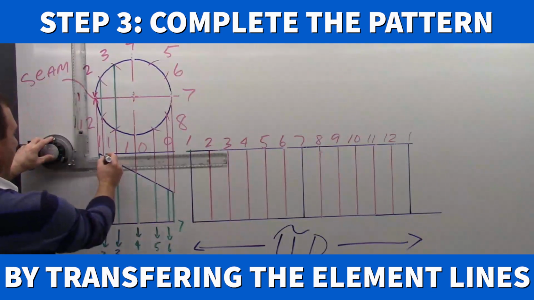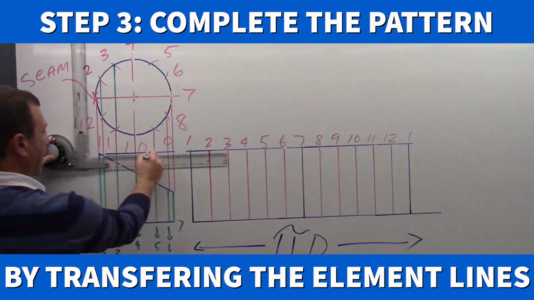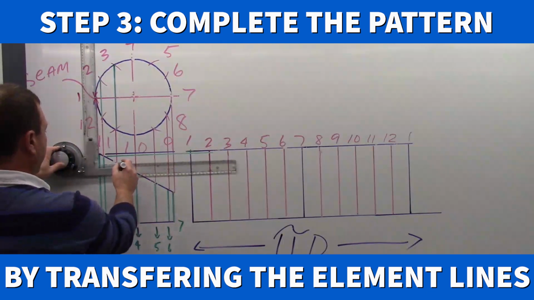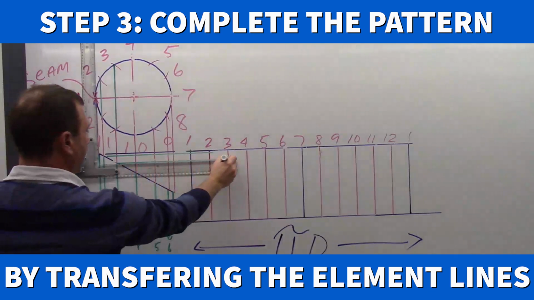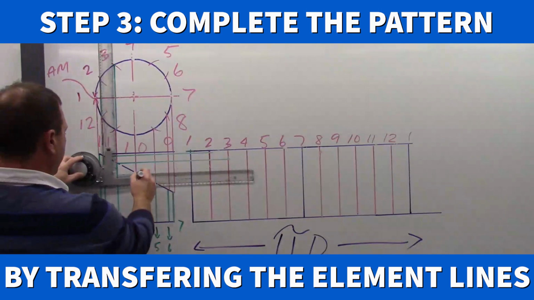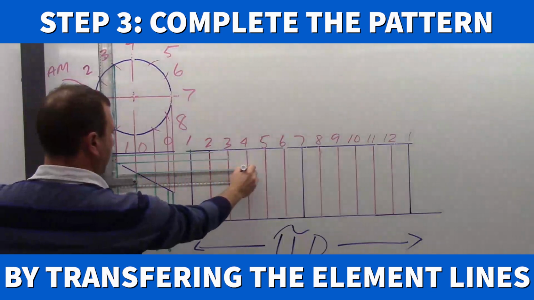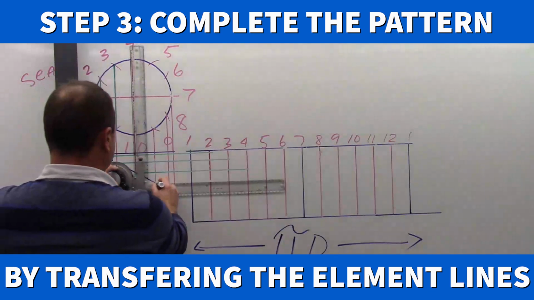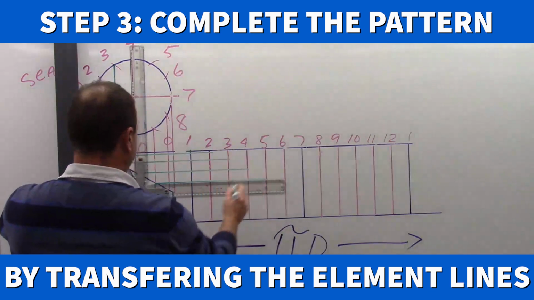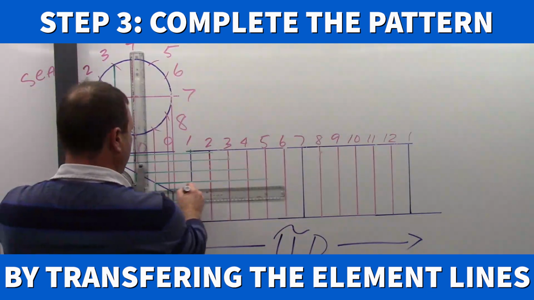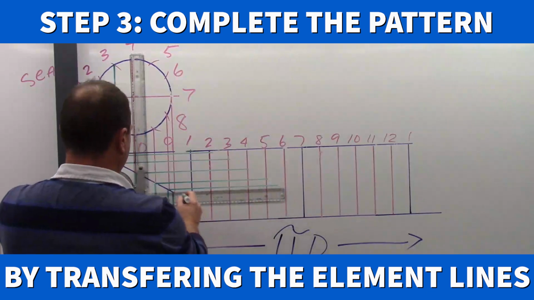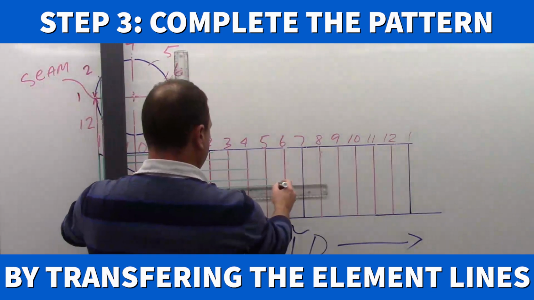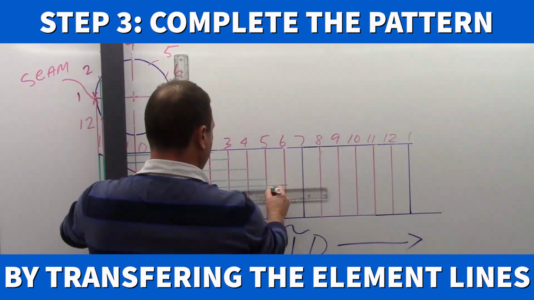And then I line up point 2 and I can project it all the way across. And here's point 3, I'll project it all the way across. And point 4. And so on. And project all of these points directly across to line up where I require them.